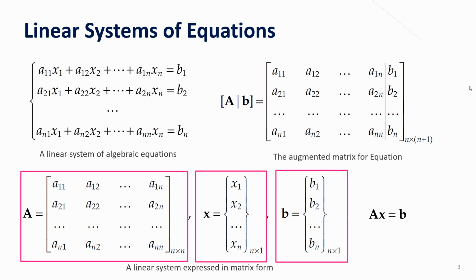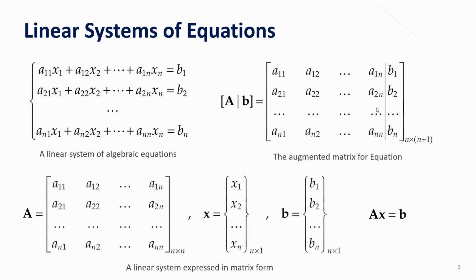Okay, so this matrix can be written simply like this, A multiplied by X equals B. And it is often also represented in the augmented matrix form of the equations, which we will use later on in methods like the Gauss elimination method.